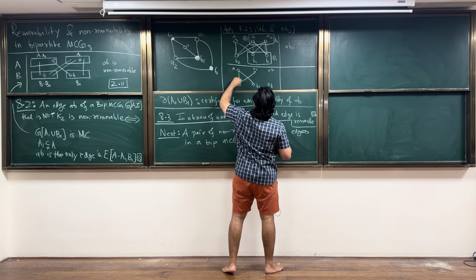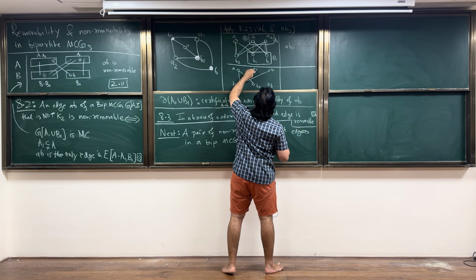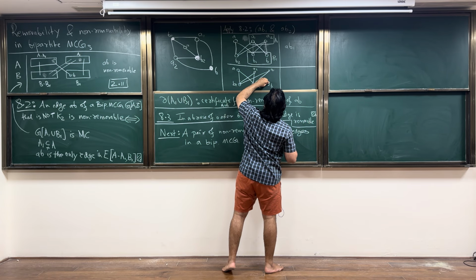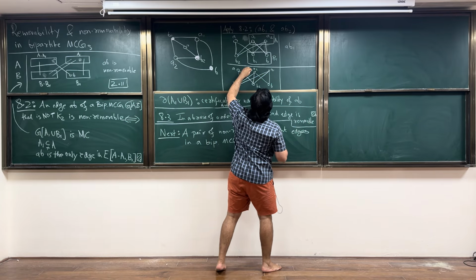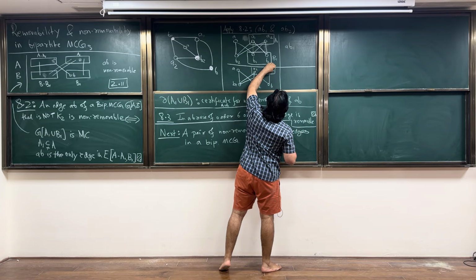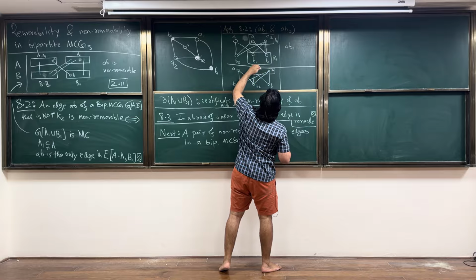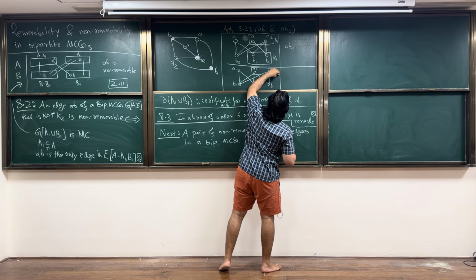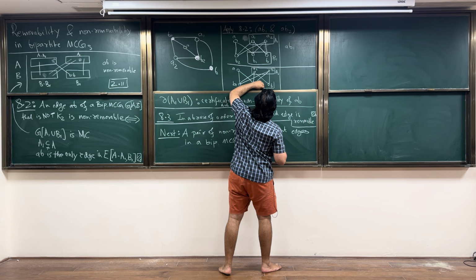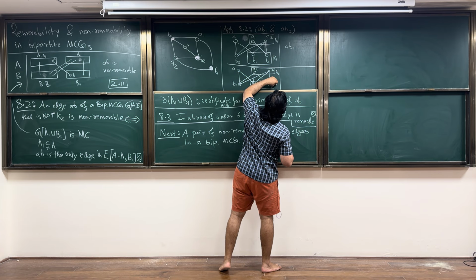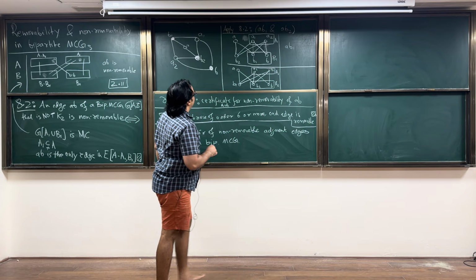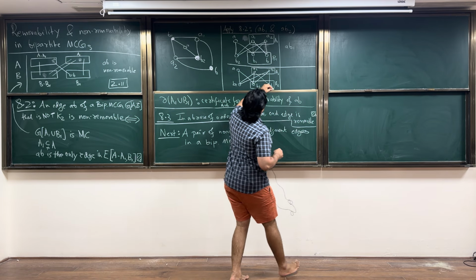And now B should go to everybody except A. Okay, and this is my set A2, and this is my set B2. This is when I apply it to AB2.